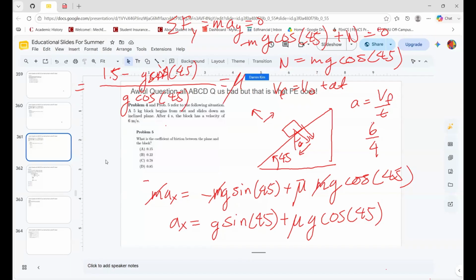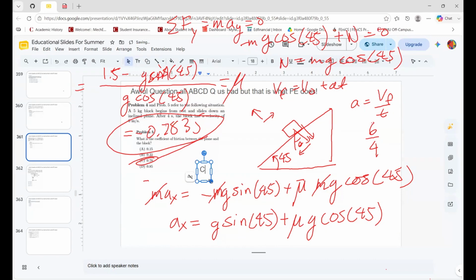So it's 1.5 minus 9.8 sine 45, over 9.8 cosine 45. I get negative 0.4835. I guess that's C. I'm sure I made a mistake in the notation or direction, which is probably over here.